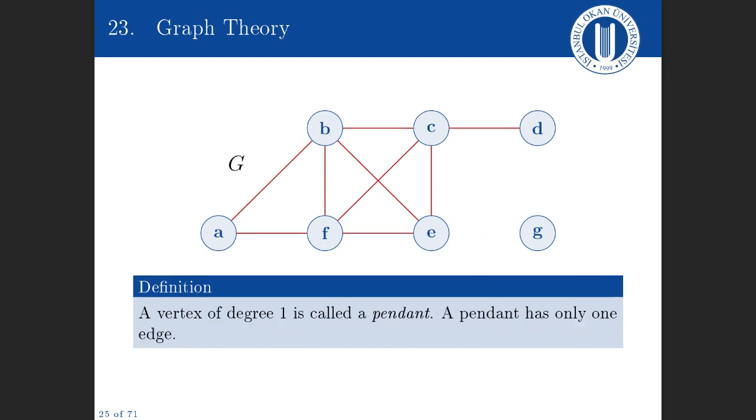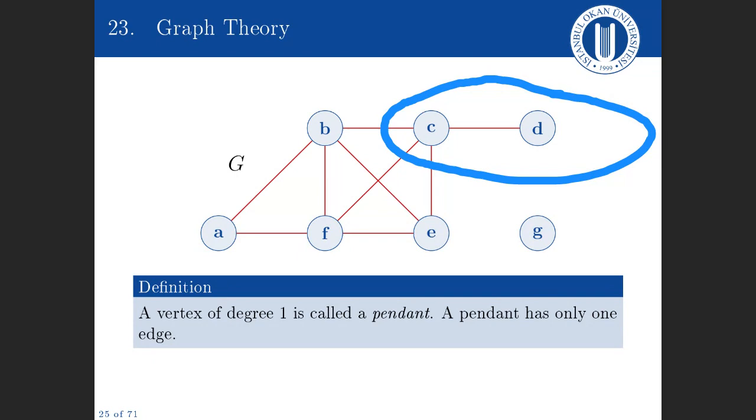A vertex of degree 1 is called a pendant. A pendant is a vertex which has only one edge. In this graph, vertex D is a pendant.